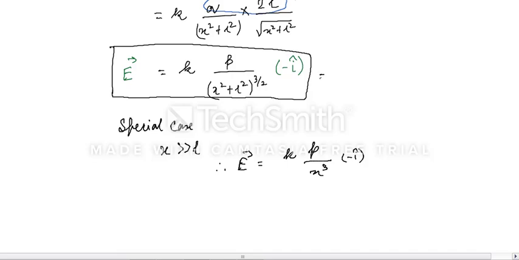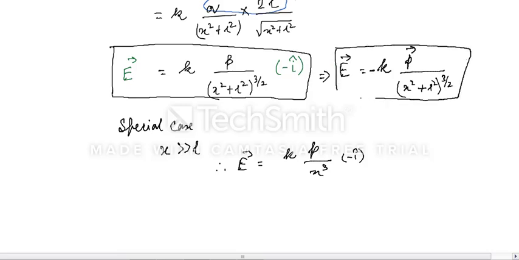Instead of writing this minus i cap, we can also write it like this: electric field E is equal to minus kp vector by x square plus L square whole to the power 3 by 2, which will depict that the direction of electric field is always opposite to the direction of the dipole moment. Okay.